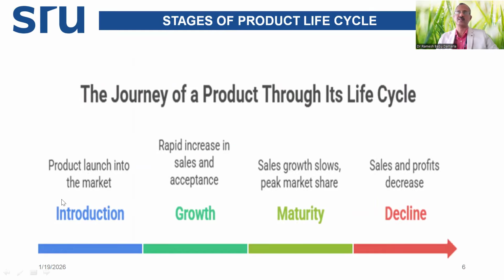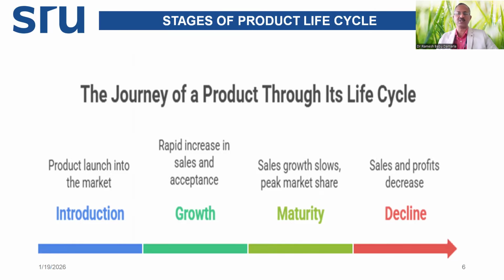In the first phase, a product is launched into the market. In the growth phase, there is a rapid increase in sales and acceptance by the people, acceptance by the market. In the third phase, the sales growth slows, meaning with respect to time, the sales growth is slow, it's not rapid. Change is minimal. So this is called the peak market share stage.